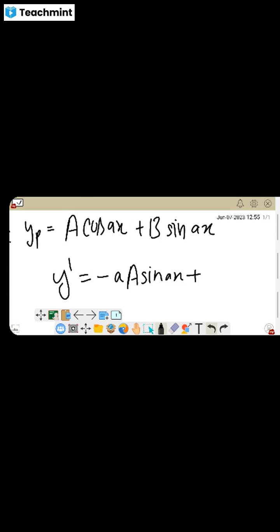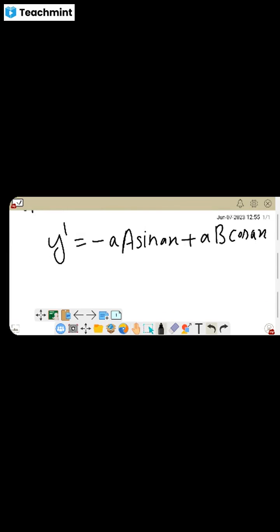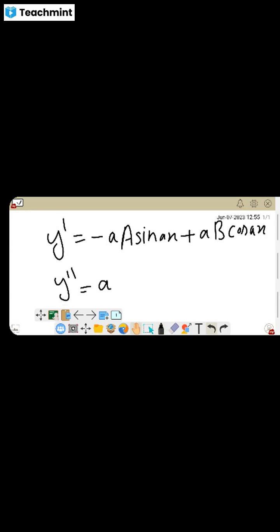Similarly, we have here a b cos ax. Now the second order derivative: we differentiate again and get minus a square a cos ax minus a square b sin ax.